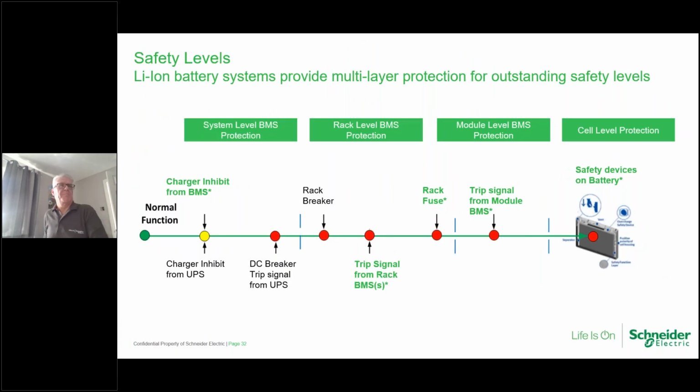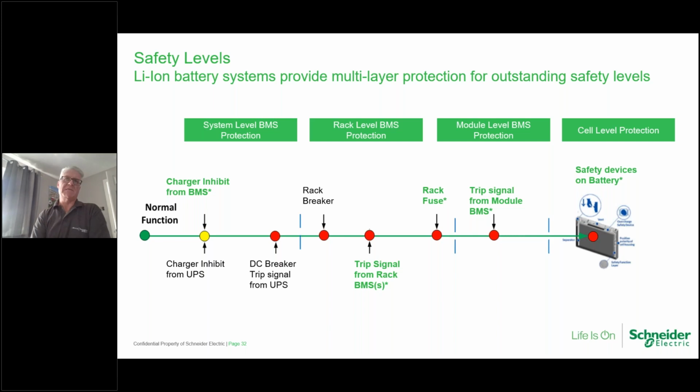As far as lithium-ion safety levels are concerned, that is something that is often spoken about. First of all, certainly on the 3-phase systems, the manufacturer uses a certain type of lithium-ion, a certain mix, which provides a high level of safety.